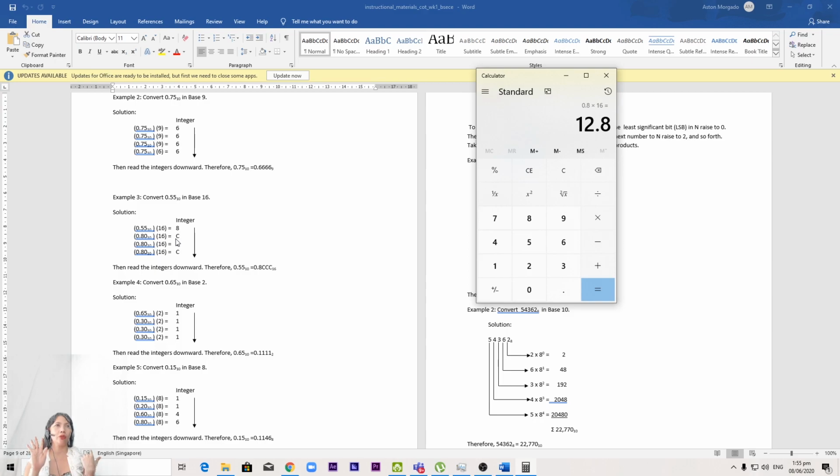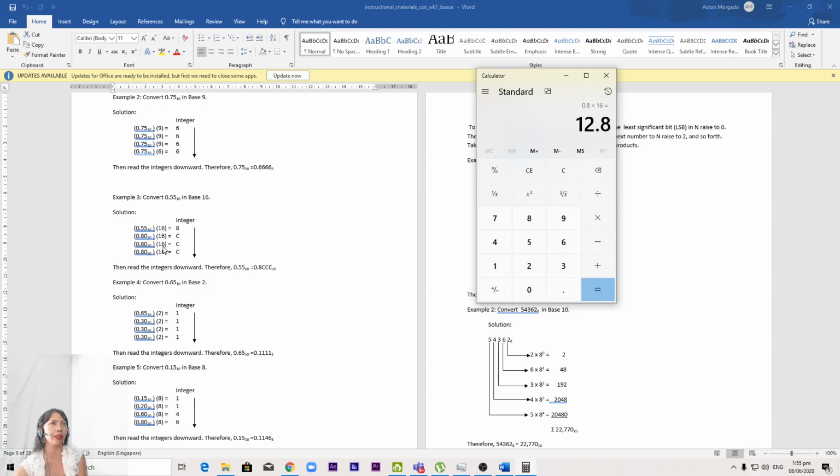Okay, so if you get 12 as an integer, you write C. So since we have a whole number 12 here, instead of writing 12, we write C. Then you take note of the decimal part here, then continue multiplying.